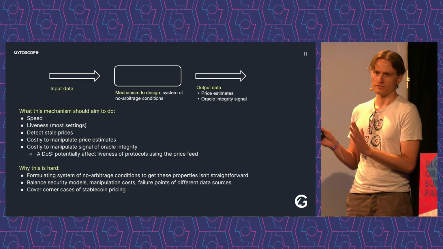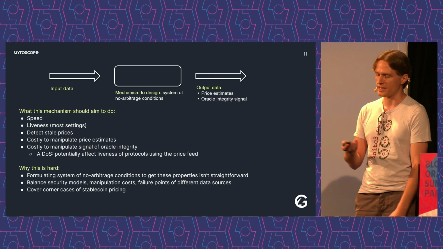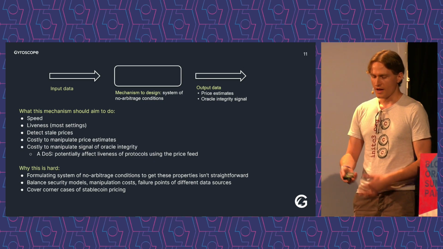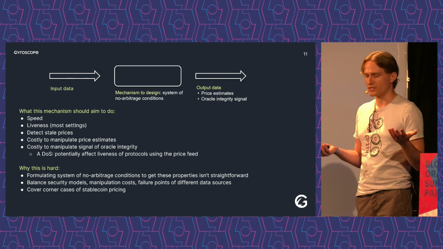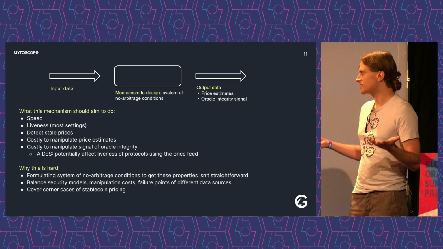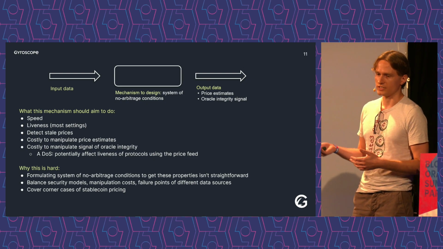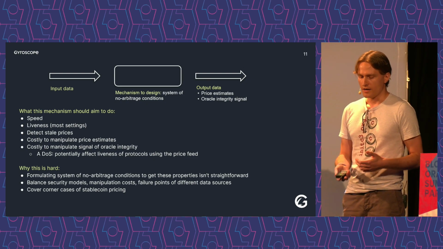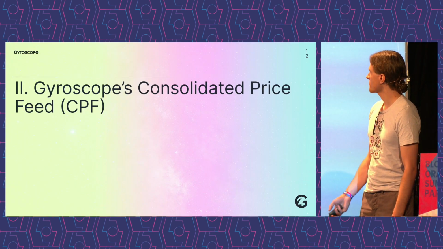You can think of this as a denial of service vector, and so you need to take this into account when designing this mechanism. And this is hard, basically, because formulating these no arbitrage conditions in a way that gets you these guarantees isn't necessarily straightforward. You have to balance the security models of a number of different Oracle types, and you have to cover the corner cases of stablecoin pricing.